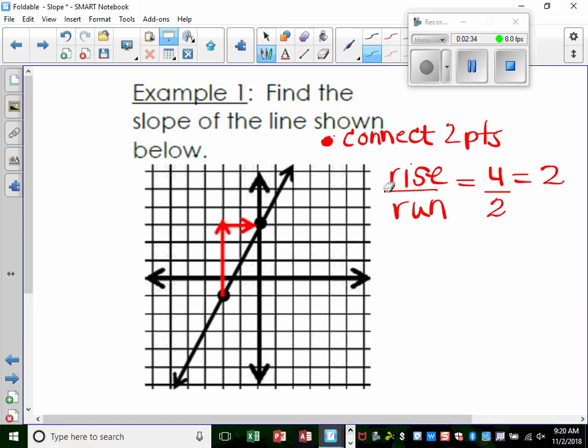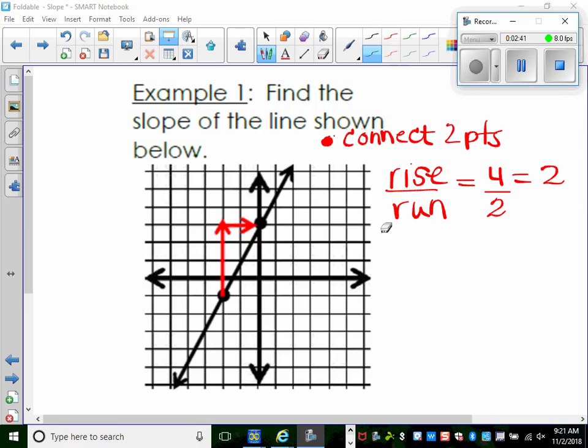That's great. So have you heard of rise over run? How many people have heard of rise over run? Very good. So rise over run means you can take any 2 points on the line, connect them together, and the number that's on the side here would be the rise number, and this number would be the run. So we call it rise over run.